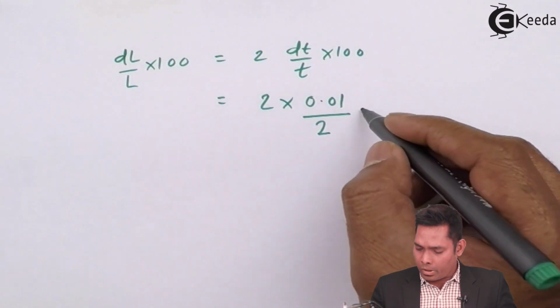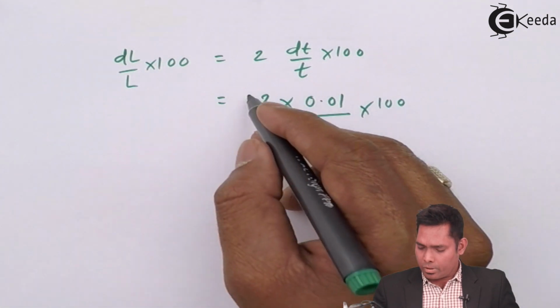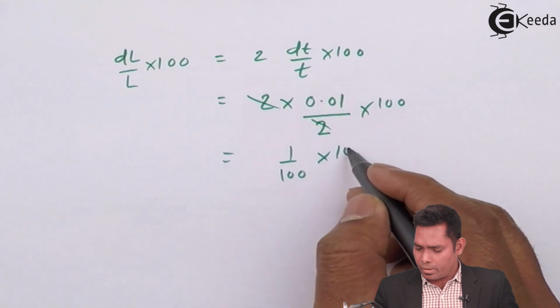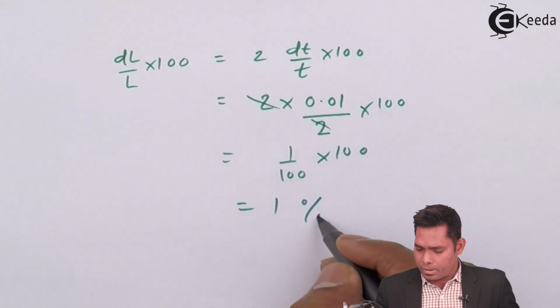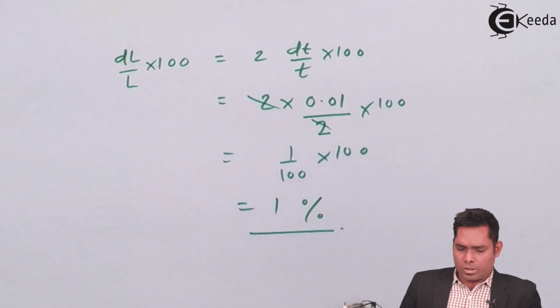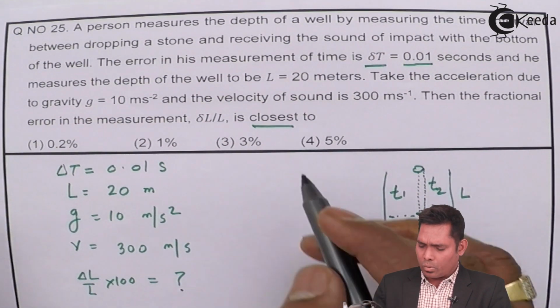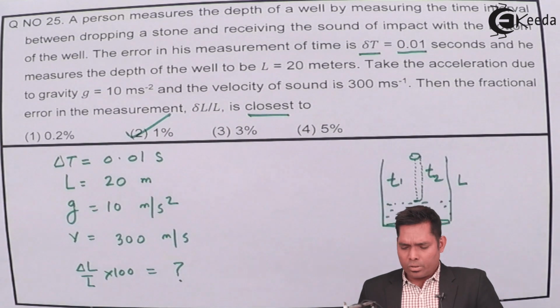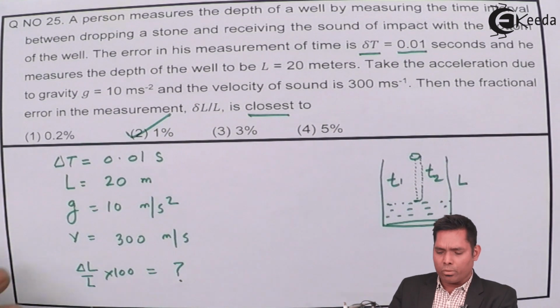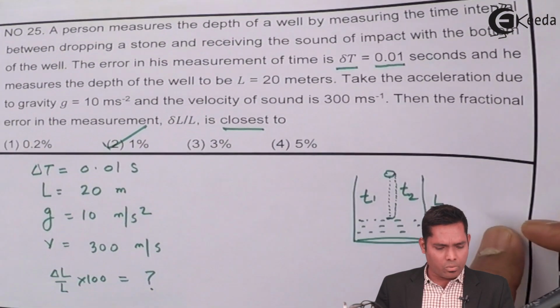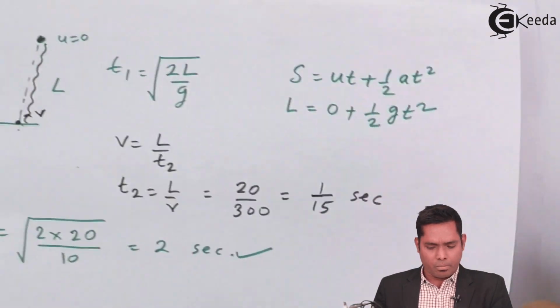Now into 100, this is 1 by 100 into 100, so this becomes 1%. So it is closest to 1%. Therefore the answer is closest to 1%, and I didn't take into account this number.